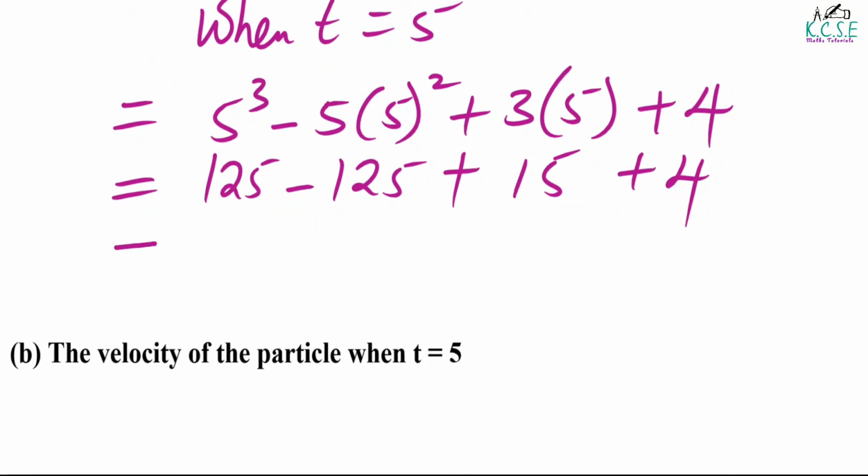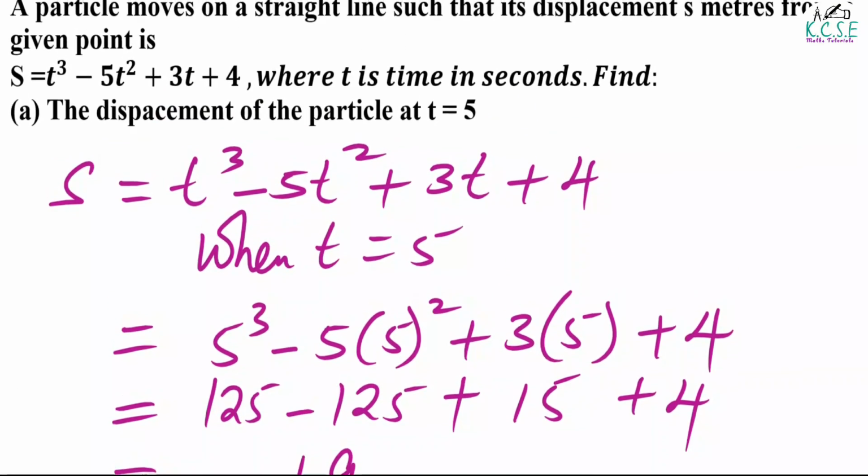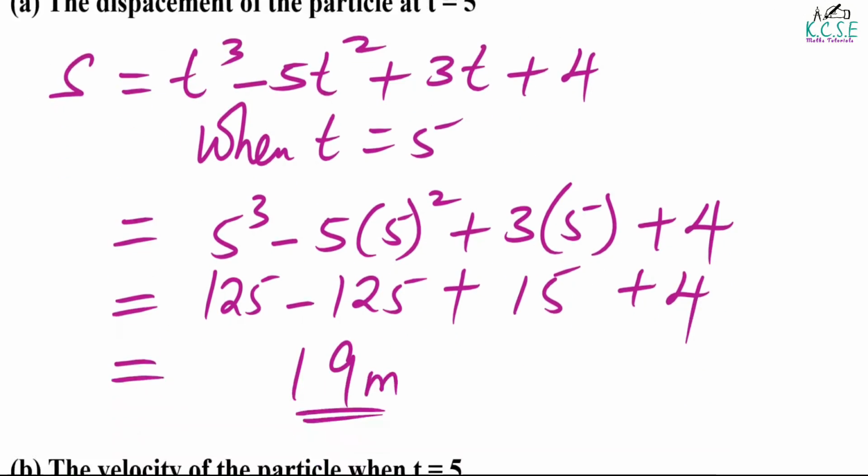Working this out using a calculator, this will give 19 meters. So the displacement is 19 meters. In that part, we just needed to take the expression for displacement and substitute the time t equals 5 seconds.